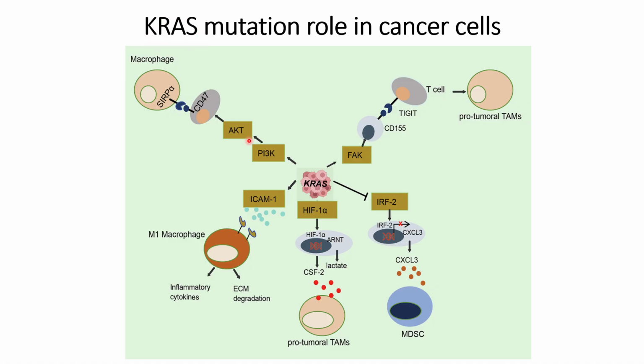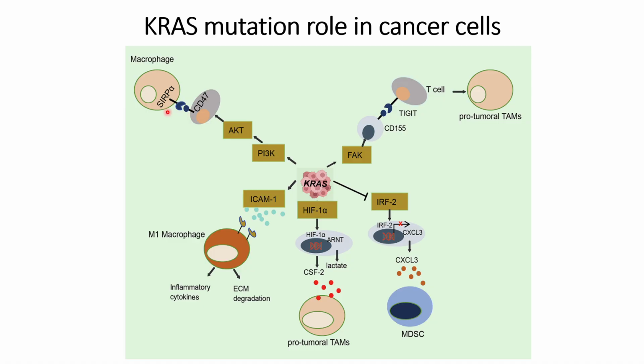So for this KRAS mutation, we will start with the cell surface markers or cell surface receptor changes. This KRAS mutation will cause high expression of CD47, and this high expression of CD47 can help in the polarization of macrophages from M1 to M2.